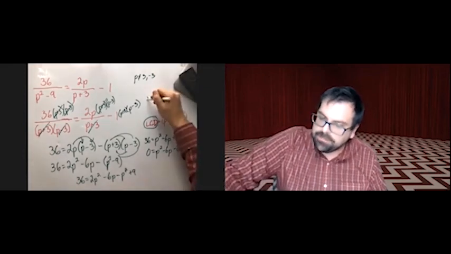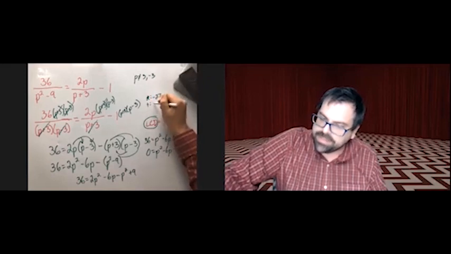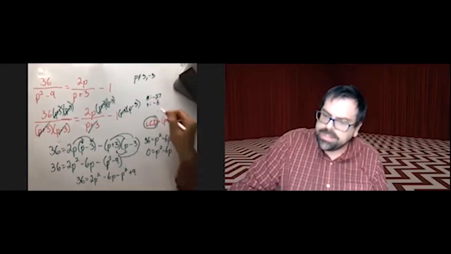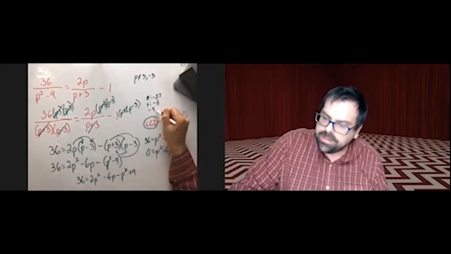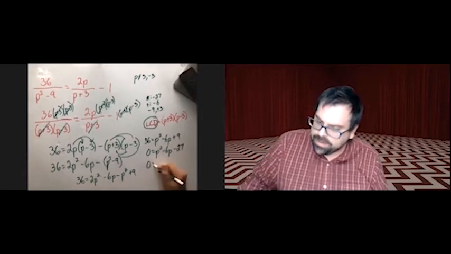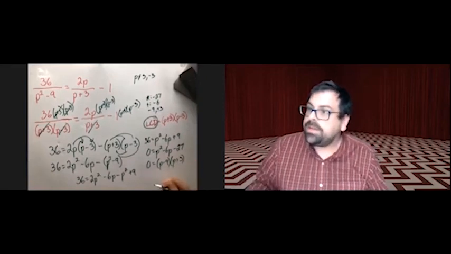I need numbers that multiply to negative 27 and add to negative 6. These numbers are negative 9 and positive 3. (p minus 9)(p plus 3).